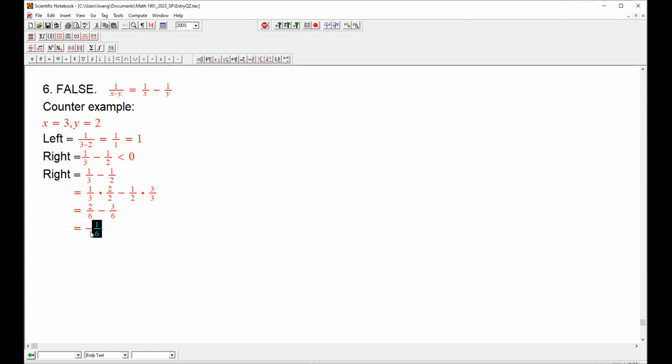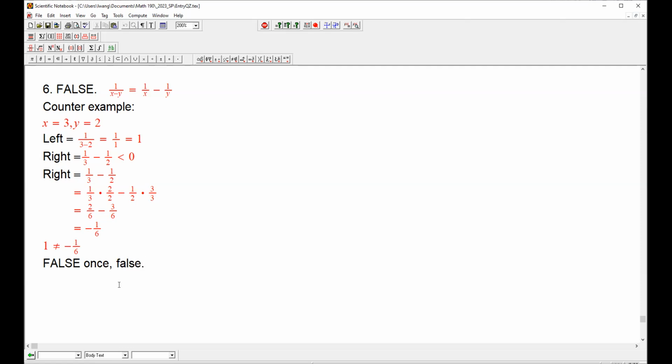Negative 1/6 is a negative number, certainly not equal to 1, right? All right, so we have that false ones case. These two numbers are not the same, not equal. So once again, false.